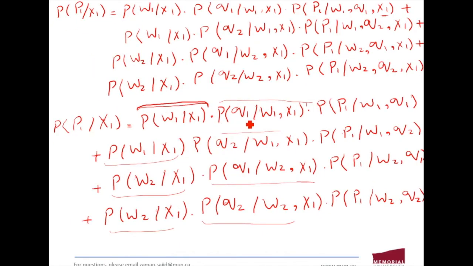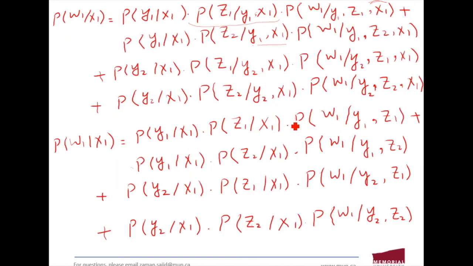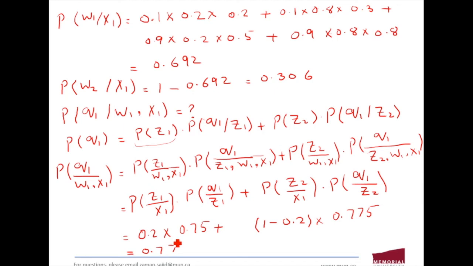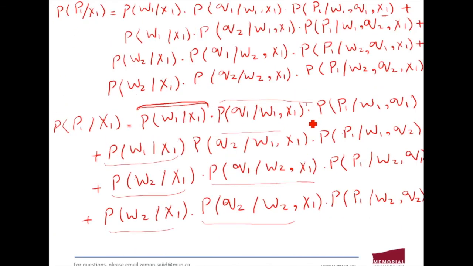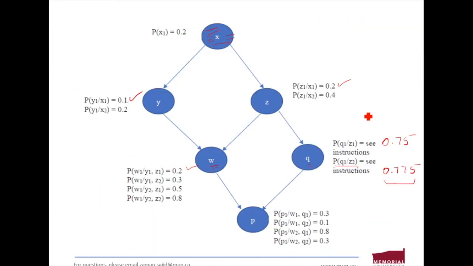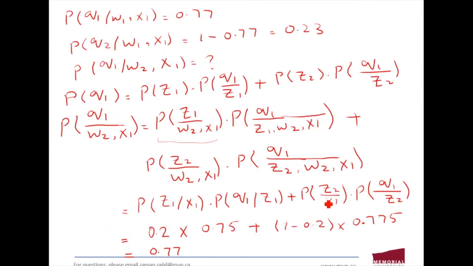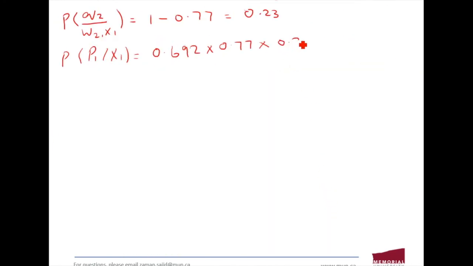The next term is probability of the Q1 given that W1 and X1, which we just found out as 0.77. It will be 0.77 multiplied by, now the last term here is the probability of the P1 given that Q1 and W1. Now this one is coming from the network. So I go back to my network here. The probability of the P1 given that W1 and Q1 is 0.3.